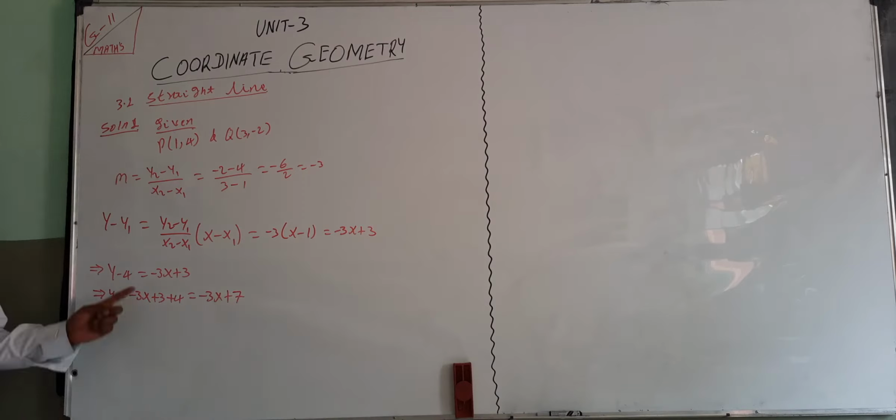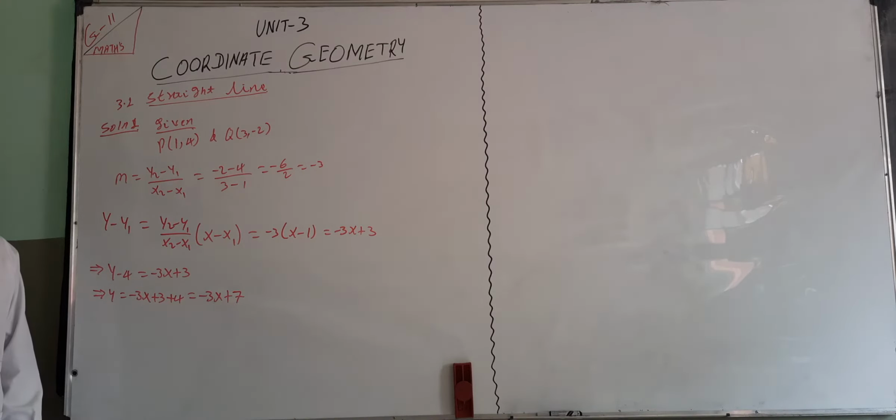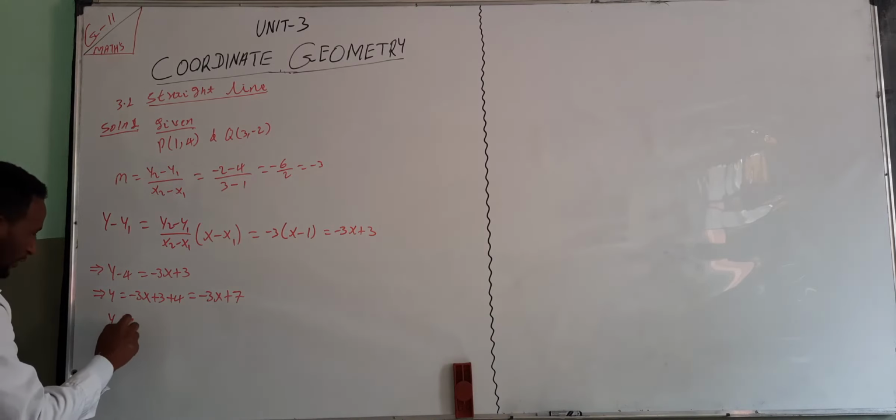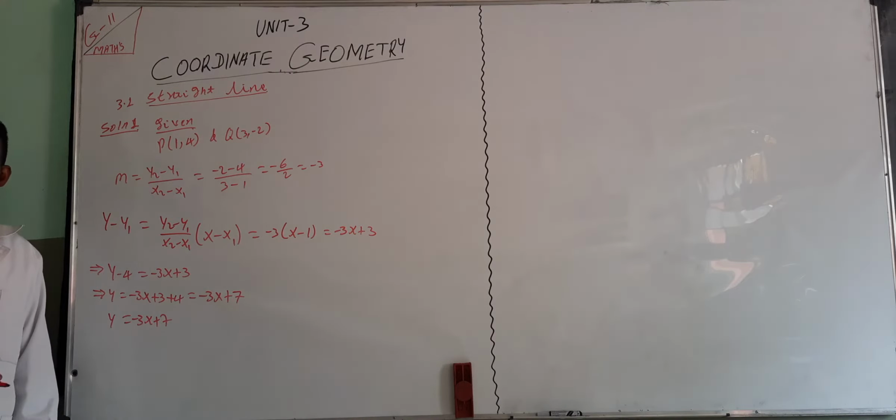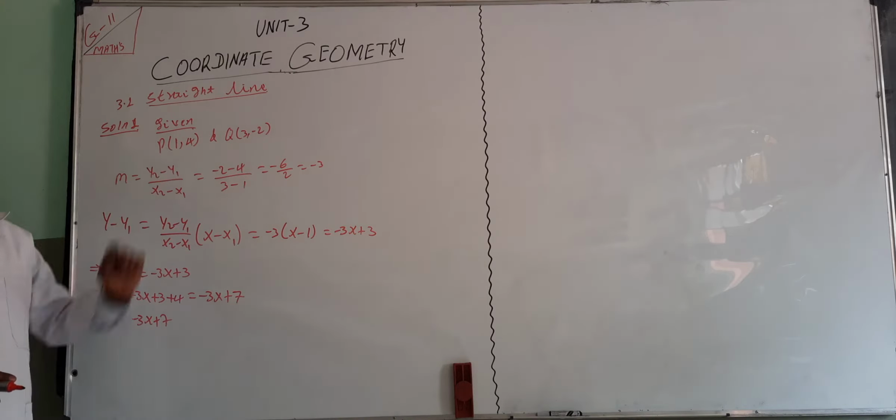When we add 4 on both sides, we get -3x plus 7. Therefore, y is equal to -3x plus 7 is the equation of the line that passes through P and Q.